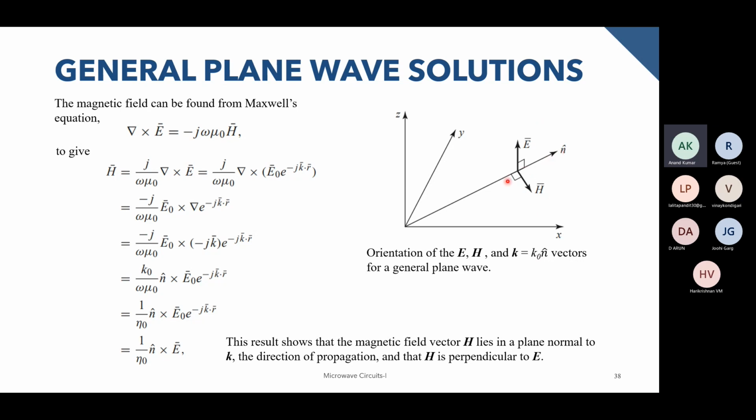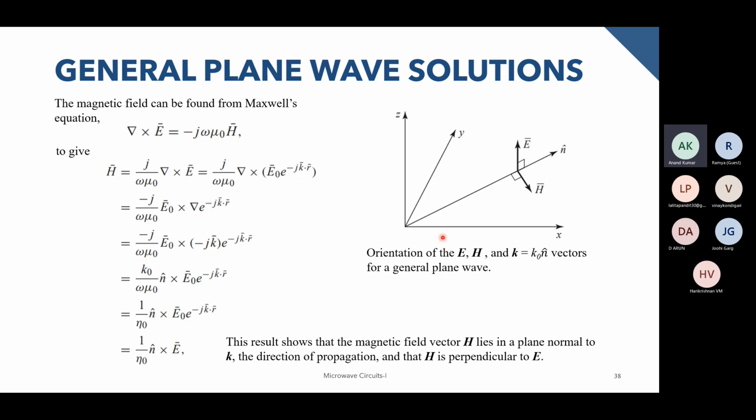So for a plane wave, the criterion is that we do not have any electric or magnetic field component in the direction of propagation, and the E field and H field are perpendicular to each other. This is the condition and derivation for a general plane wave.